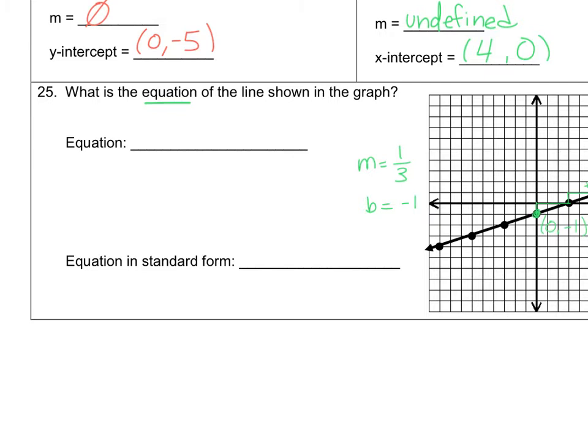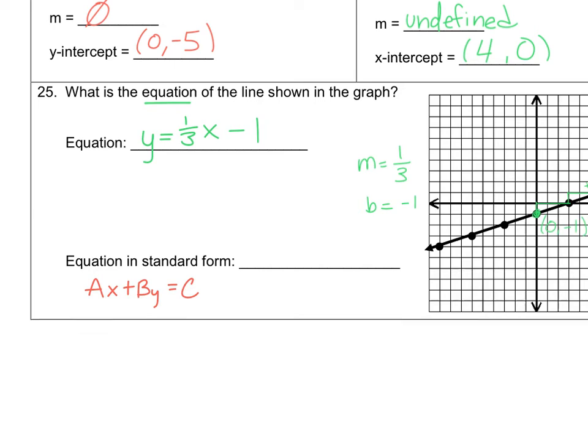So when I write my equation, I would have y equals 1/3 x minus 1. Now, to get an equation in standard form, I need to have that ax plus by equals c, where they're all whole numbers, no fractions.